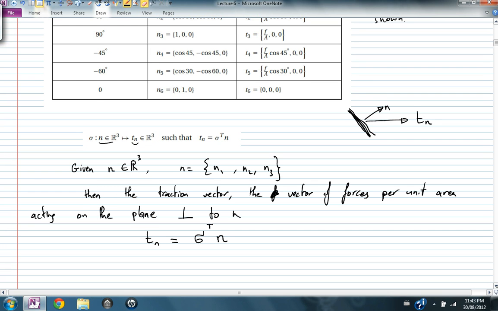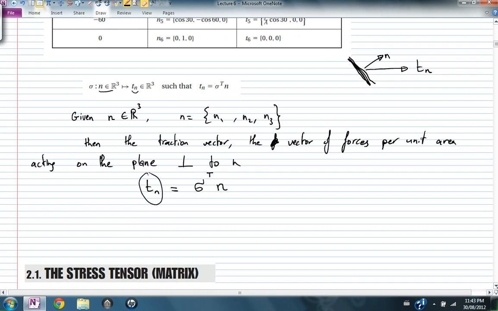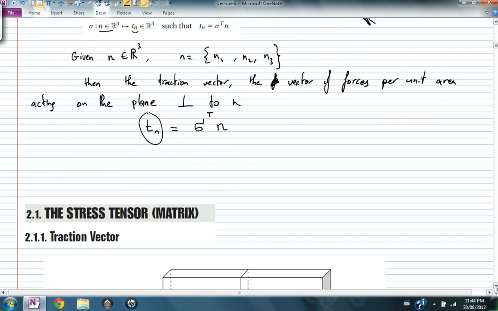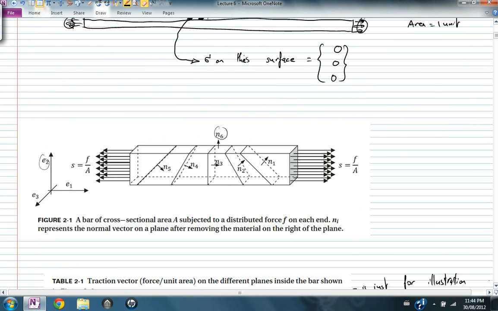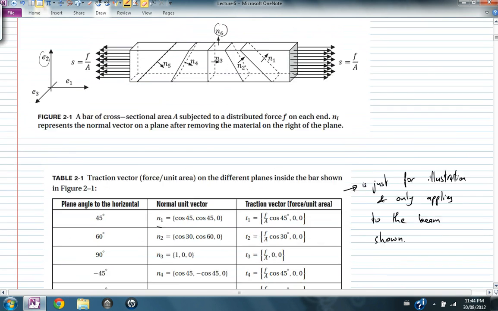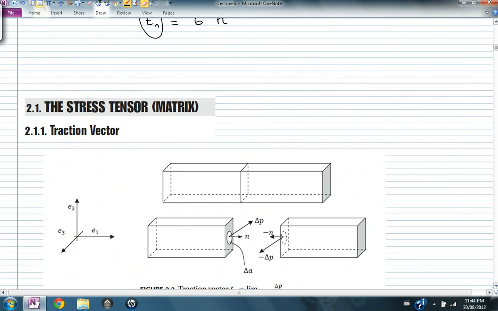So first we're going to try to understand what Tn is. Tn is called the traction vector.